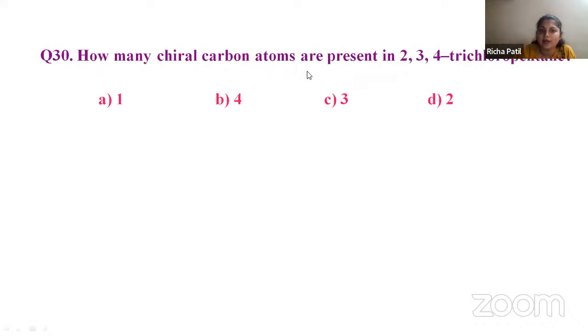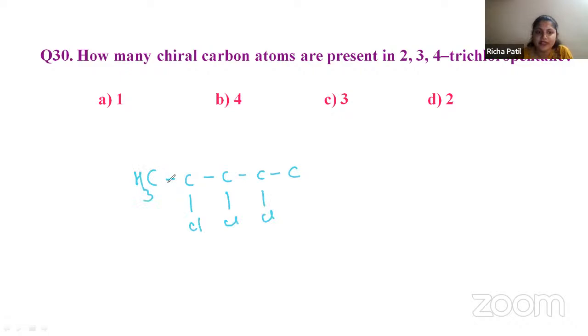How many chiral carbon atoms are present in 2,3,4-trichloropentane? Write the structure of trichloropentane. Pentane, so it should be 1, 2, 3, 4, 5, right? So 2, 3, 4: at the second, third, and fourth carbons you have your Cl.